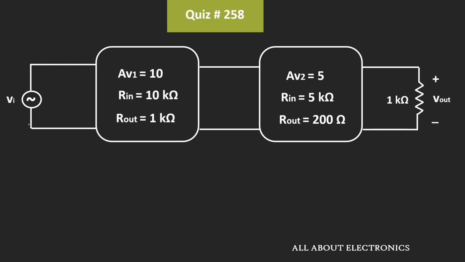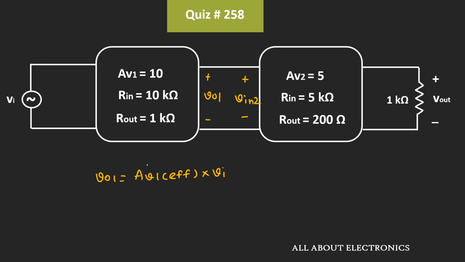That means if Vin is the input to this first amplifier, then the output of this first amplifier, let's say it is equal to Vout1, then this Vout1 will be equal to AV1 effective times Vin. So this will be the input for the second amplifier.